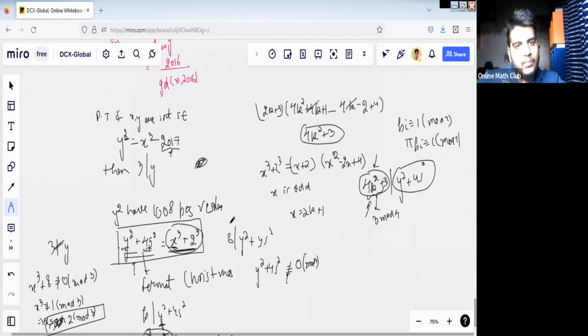Any doubt? Is it clear? Yes or no, Anurag and Zaman?